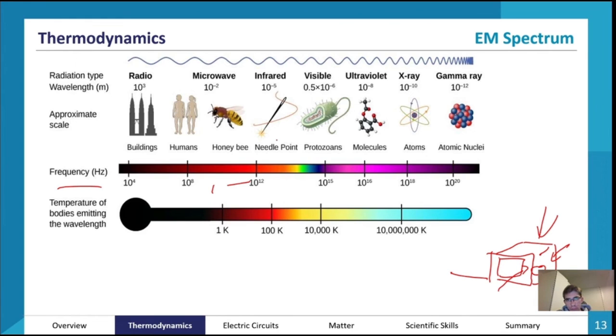The visible spectrum is visible light; ultraviolet light, I'm pretty sure most of us are familiar with.